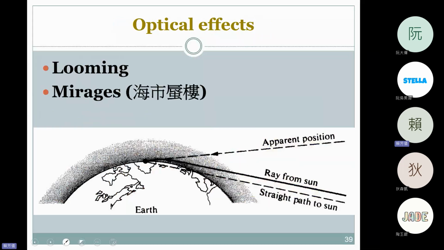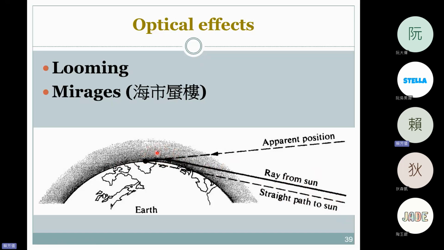This is what we call an optical effect. Some optical effects use the refraction phenomena of light. Looming or the mirage also uses this principle. If the sun goes down below the sea level, it is hard to see it, but we can still see it easily.